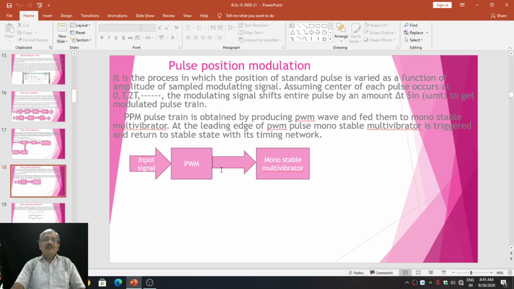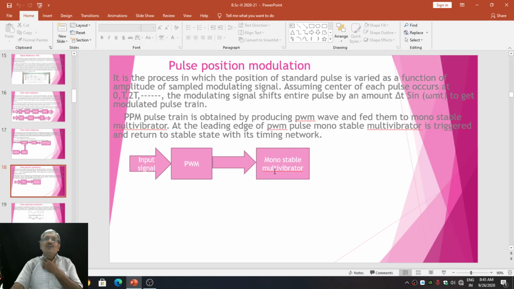In short, pulse width is varied in accordance with the instantaneous amplitude of the sampled signal to be modulated. So the pulse width modulated signal is given to the monostable multivibrator.